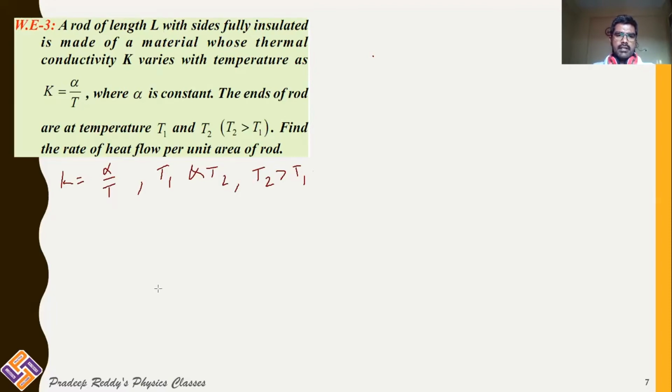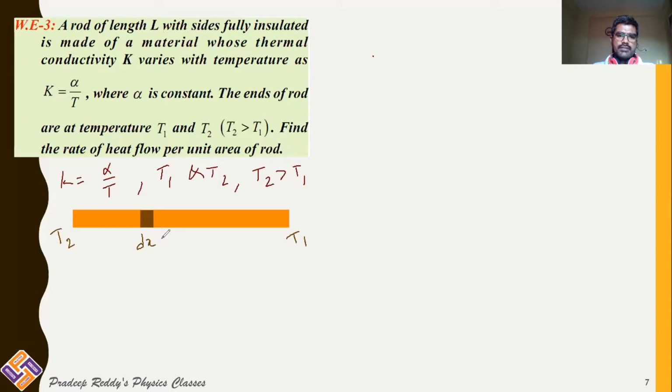Now let me consider a rod. Let me consider this is a rod, and here the temperature is T2 and here the temperature is T1. T2 is greater than T1. Now there will be some amount of heat flown through this material, and as the thermal conductivity is variable with respect to temperature, I am considering a length dx.